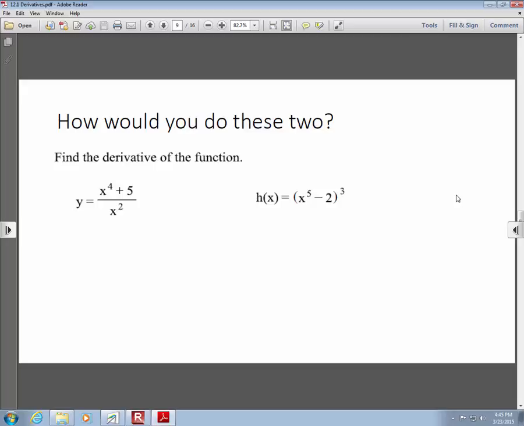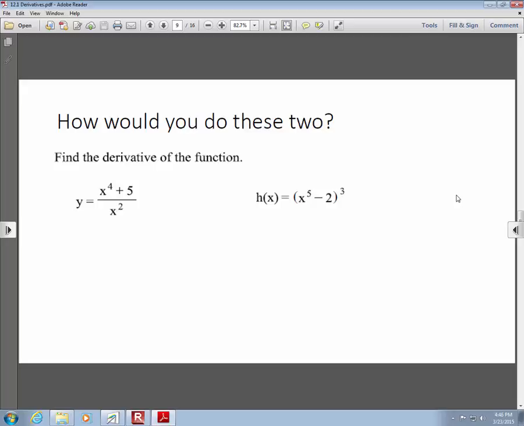By doing that, I got x to the 5th times x to the 5th is x to the 10. Remember, when you multiply, you add the exponents. X to the 5th times negative 2 is negative 2x to the 5th. Okay? Negative 2 times x to the 5th is negative 2x to the 5th. And negative 2 times negative 2 is positive 4. All multiplied to x to the 5th minus 2. Okay?